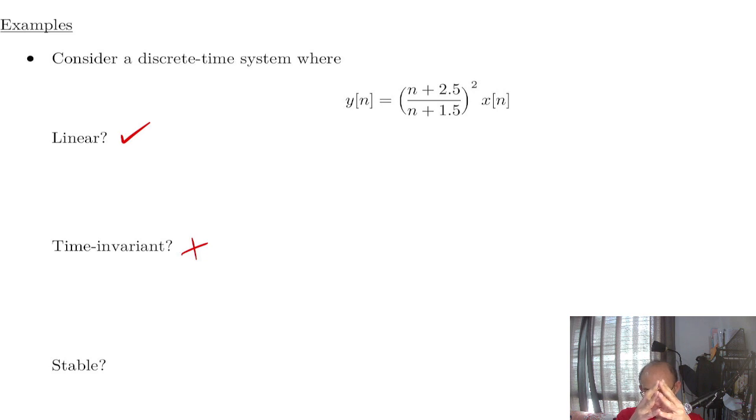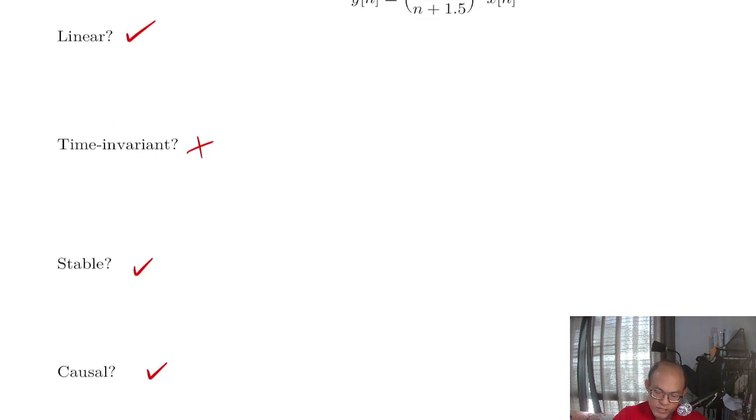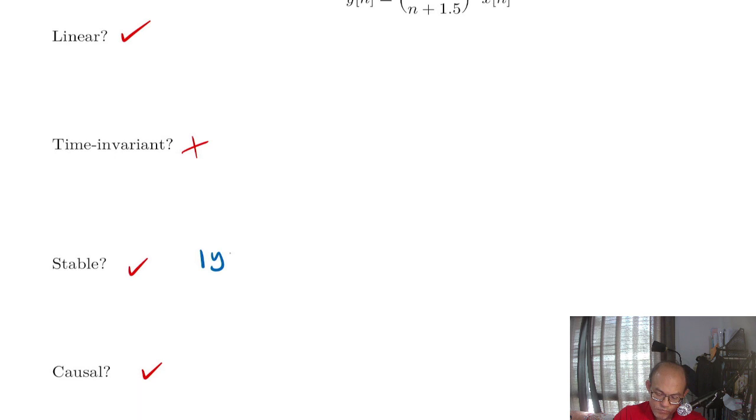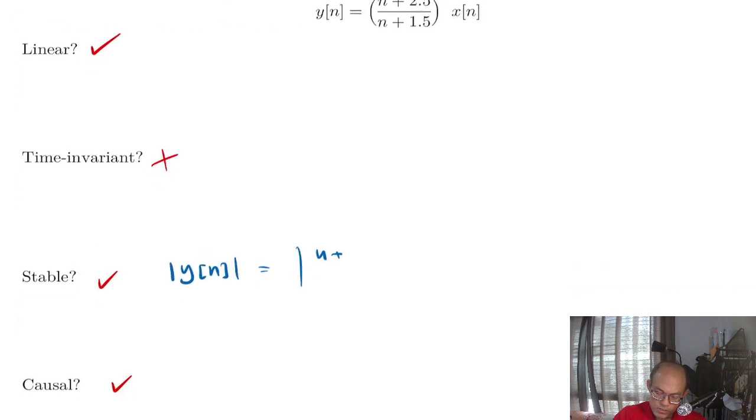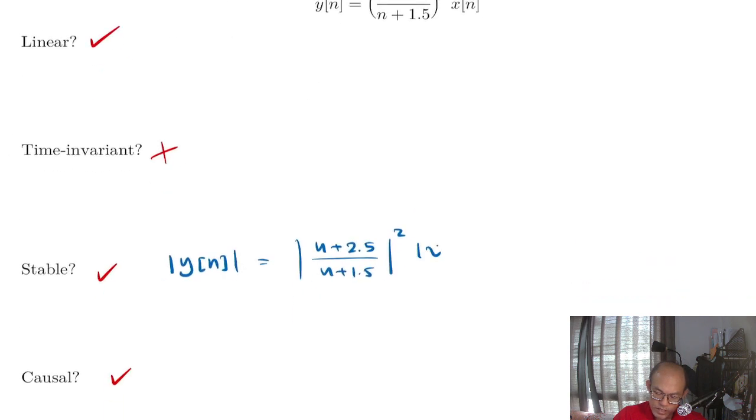Now, when n goes to infinity, this one goes to x[n]. So it is stable. Because when n goes to infinity, y goes to x[n]. The reason is that absolute y[n] is equal to absolute (n plus 2.5) over (n plus 1.5) squared times absolute x[n].